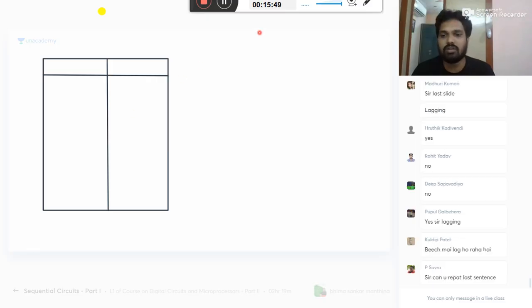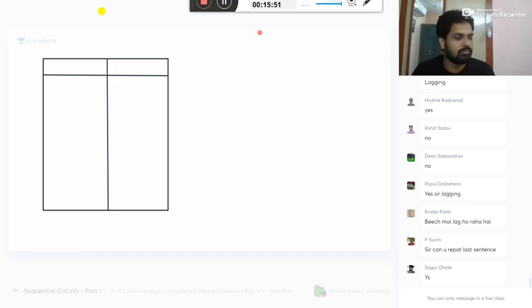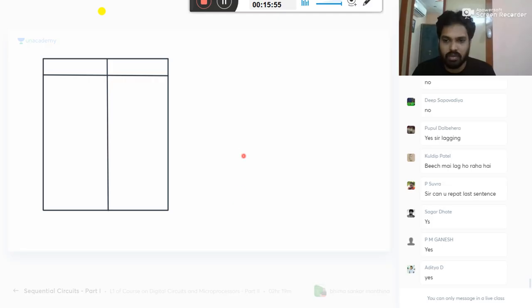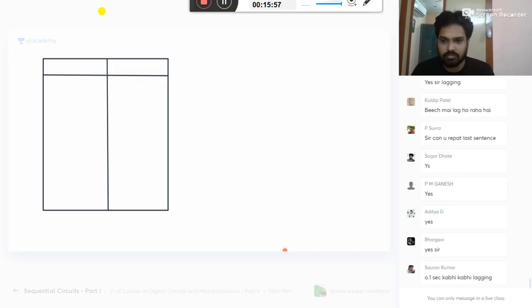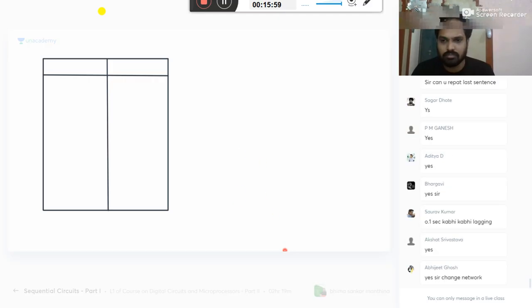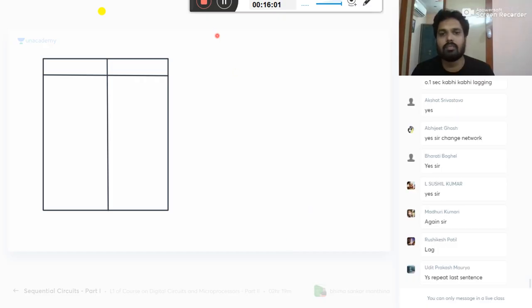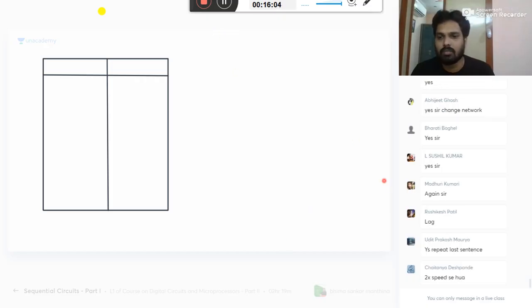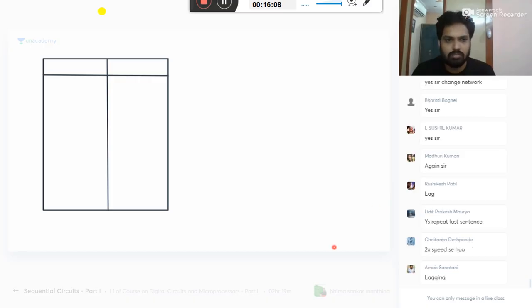Shall I change the network? Okay, 1 minute. Let me check the connection. I think the issue is with the internet connection.